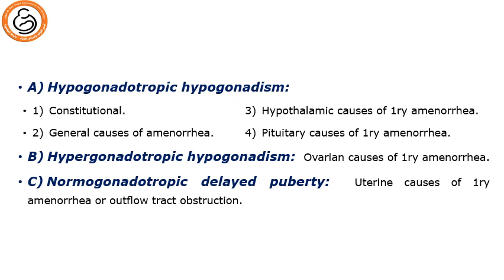And the normogonadotropic delayed puberty, we have uterine causes of primary amenorrhea or outflow tract obstruction, or what's called cryptomenorrhea. So according to the gonadotropin level, we have three categories, and this is discussed in detail in the lecture of amenorrhea.